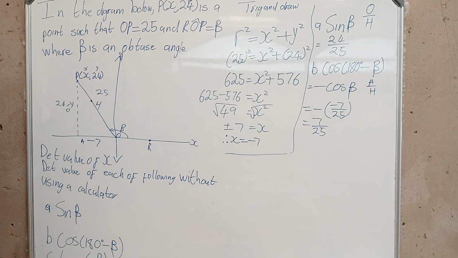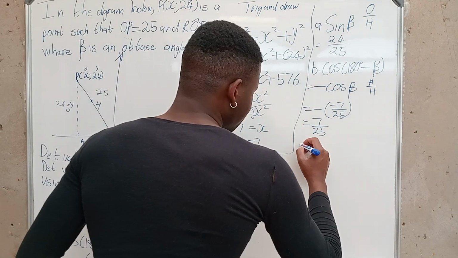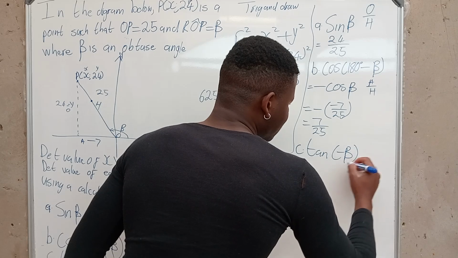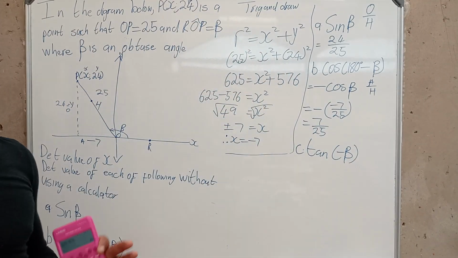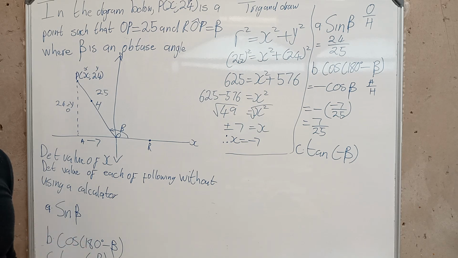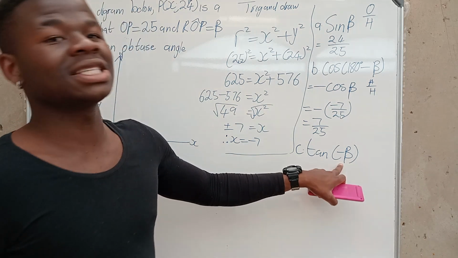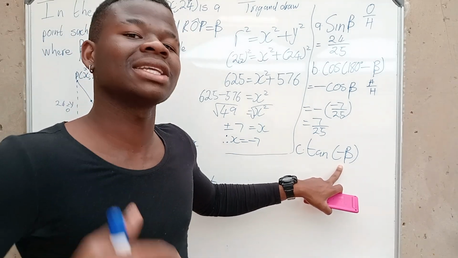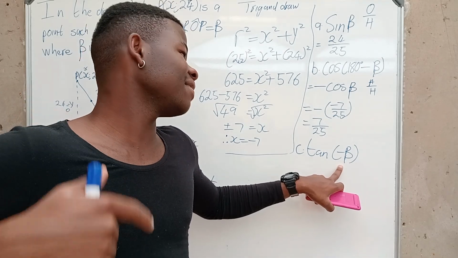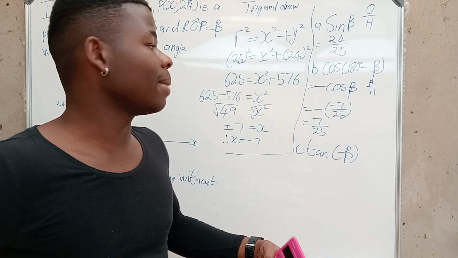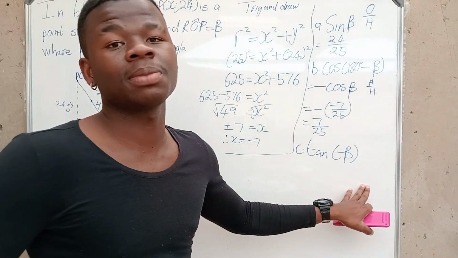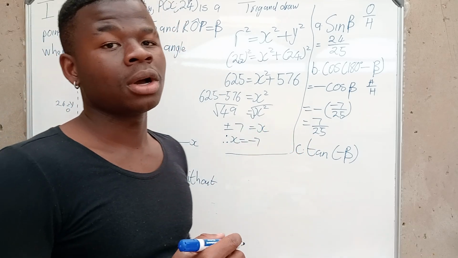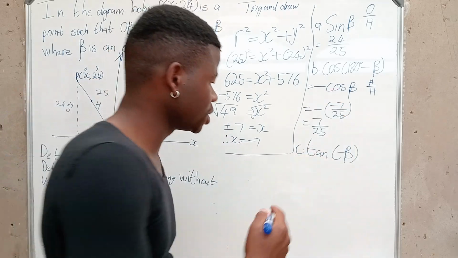So now we are doing the last question. The last question says tan of negative beta. First things first, you simplify. Since this is a negative angle, negative angles can only affect tan and sine. They never change the sign of cos. But if you want more information on what I'm explaining, look at my video on trigonometry simplification.